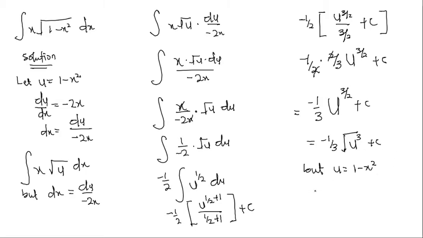So we substitute the u back, so we now have negative 1 over 3 times the root of 1 minus x squared, all cubed, plus c as our answer for integrating the function x root 1 minus x squared dx. Alright, so let's have a look at another example.